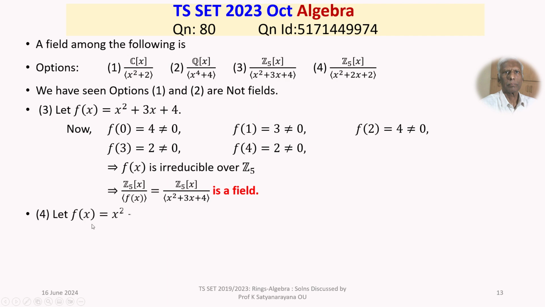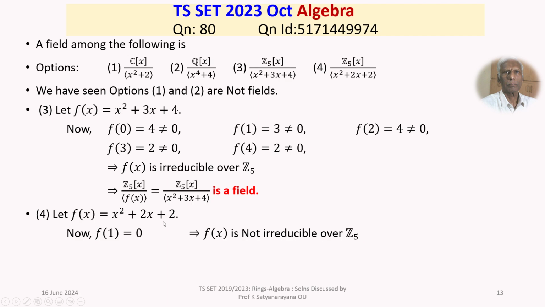Look at the fourth one. Z5[x], the polynomial ring, and f of x is x square plus 2x plus 2. Now if you substitute 1, f of 1 is 1 plus 2 plus 2, that is 5 modulo 5 is 0. So f of x is not irreducible over Z5. So it is reducible.